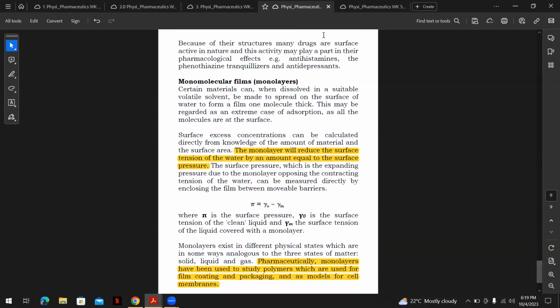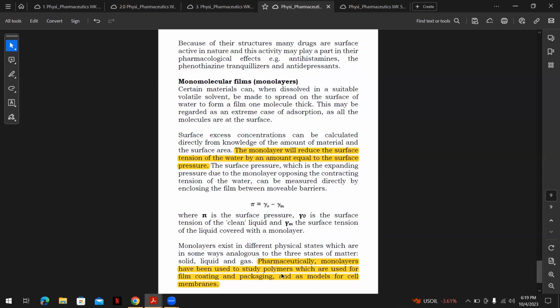And now for the monolayers, we said monolayers also reduce the surface tension of water by an amount equal to the surface pressure. You see, monolayers are employed in dosage forms, and they've been used to study polymers, which are used for film coating and packaging.